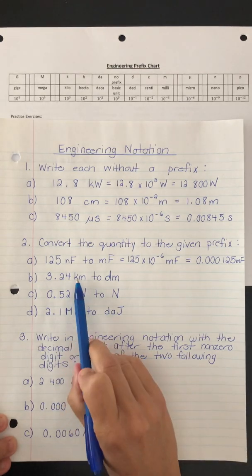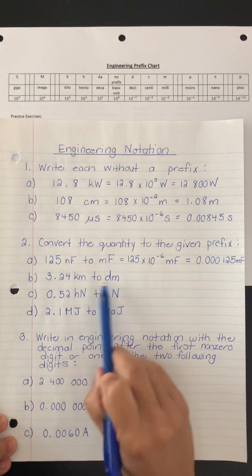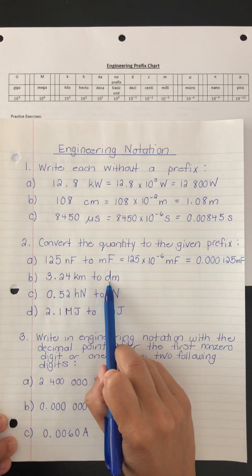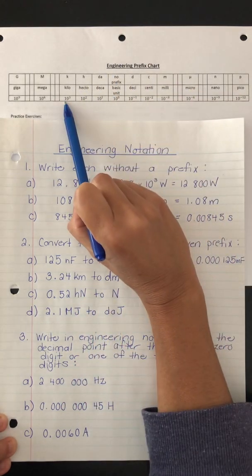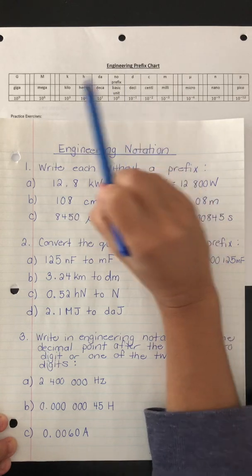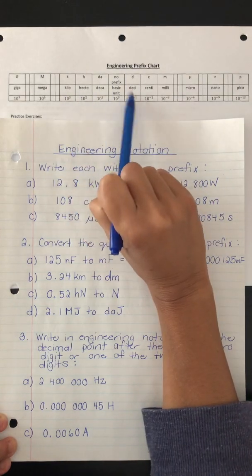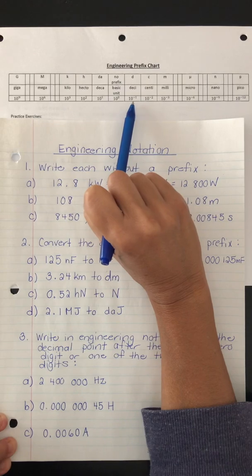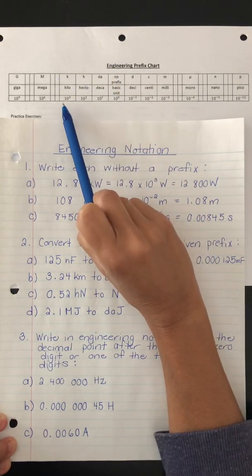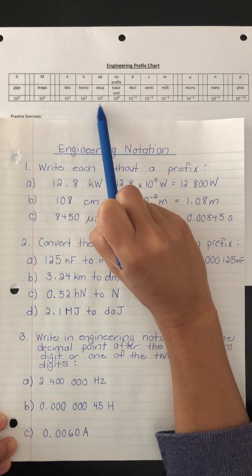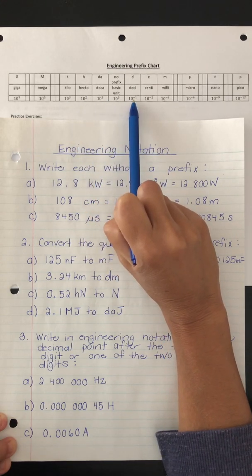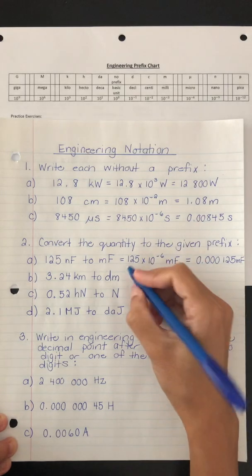Okay, here's another one. From kilo to deci. The unit is meters. So here's kilo in the chart. Here's deci in the chart. From kilo to deci, moving to the right. How many places? From 3 to -1, that's 4 places. 1, 2, 3, 4. So we're going to be moving the decimal 4 places to the right.